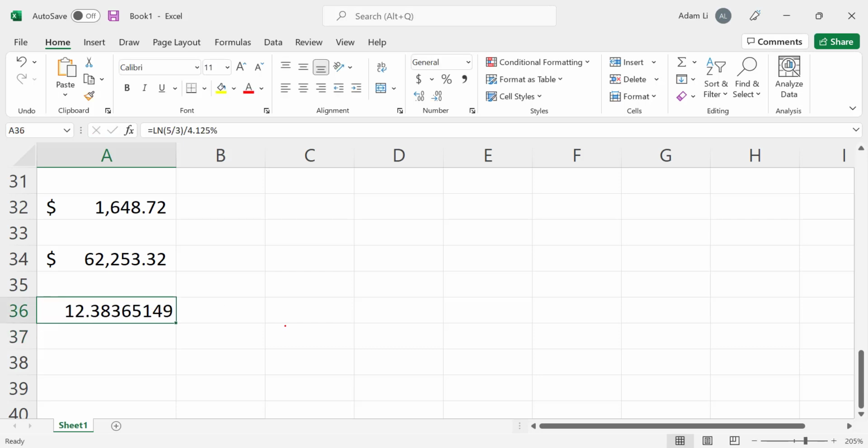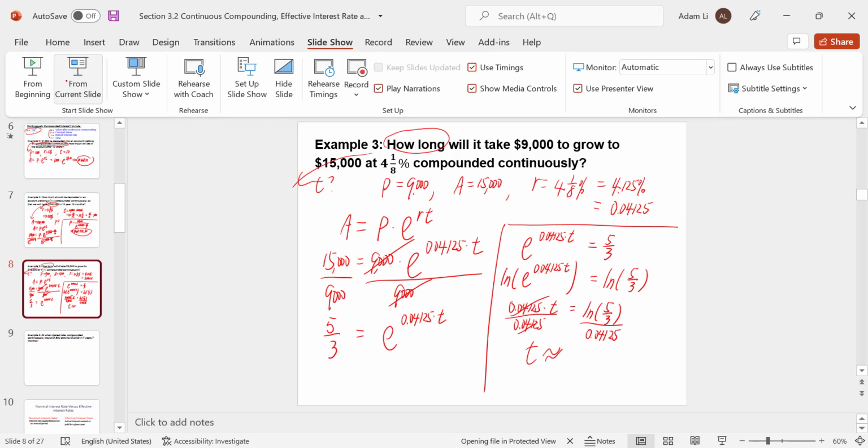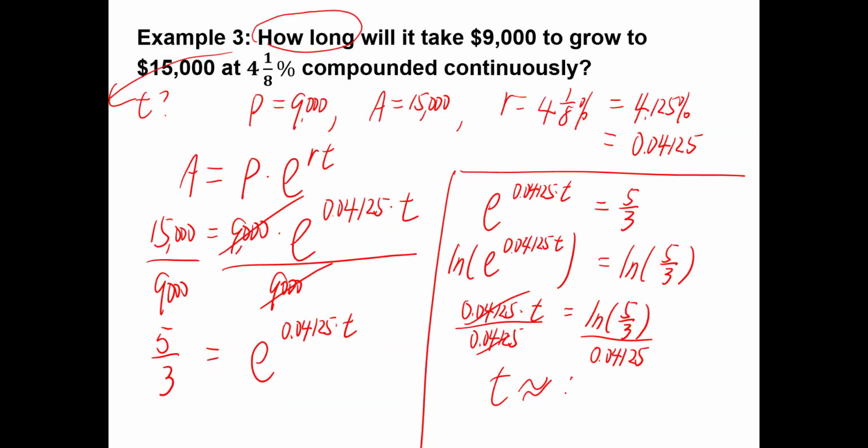We get 12.4 years. Approximately it takes about 12.4 years to achieve the goal. So the answer here is 12.4 years. All right, that's example 3.